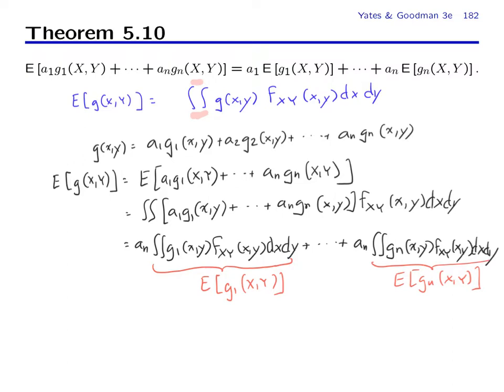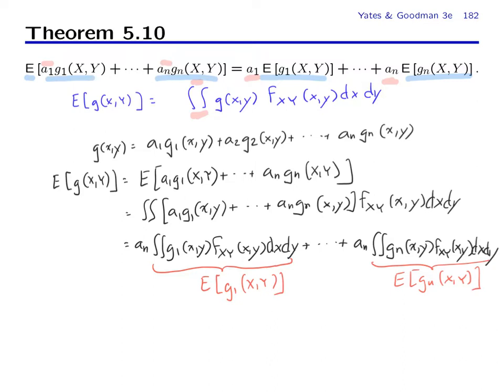What you really want to do is be comfortable using this property of the expected value. The expected value of the sum of things is the sum of the expected values. And if there are some weighting factors, like a1 through an, these weighting factors just become constants out front. They become the same weighting factors on each term.